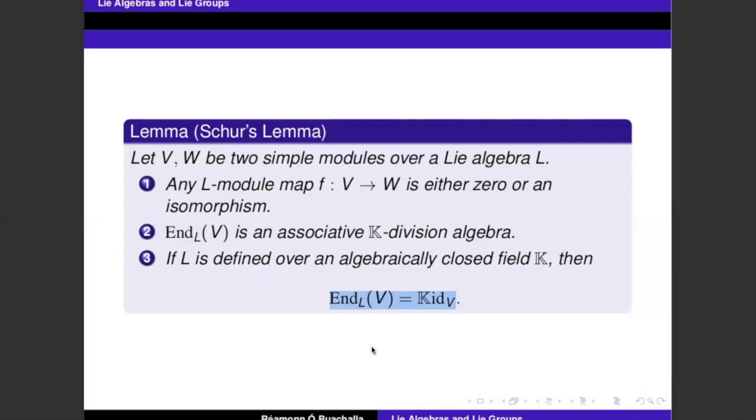It's somehow coming from the fact that these things are simple. You can't break them apart. They're almost like atoms of the representation theory. And the only way to move them around is by multiplying them by a scalar. They're solid, sort of indestructible. Okay, that's sort of the moral.